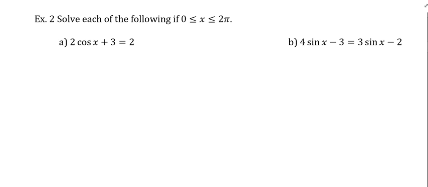Notice we're working in radians now. How do I know? The domain tells me that it's asking for the answer.